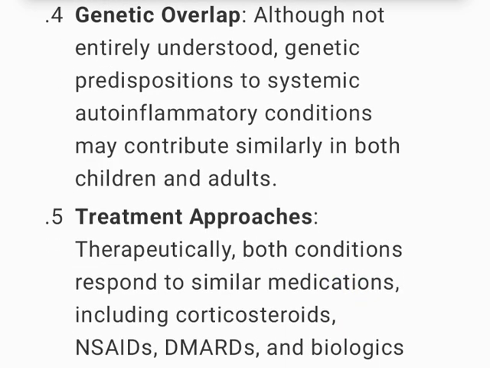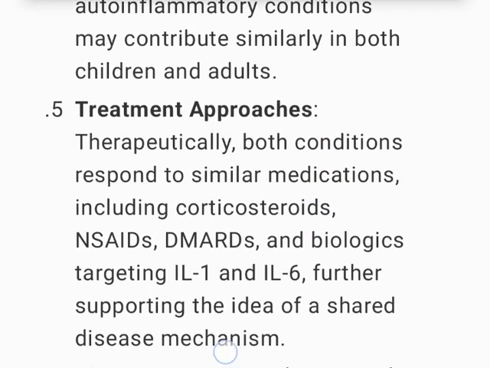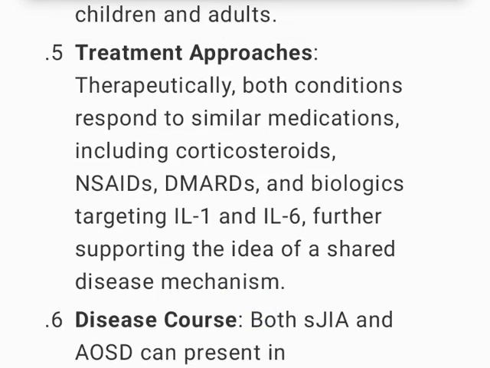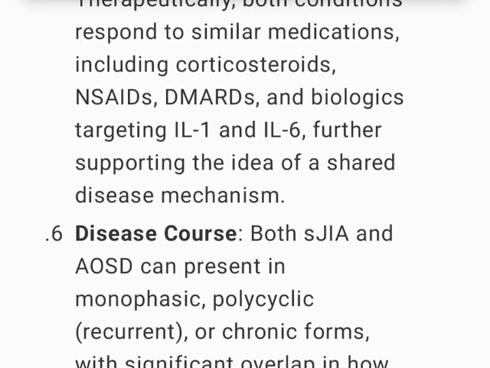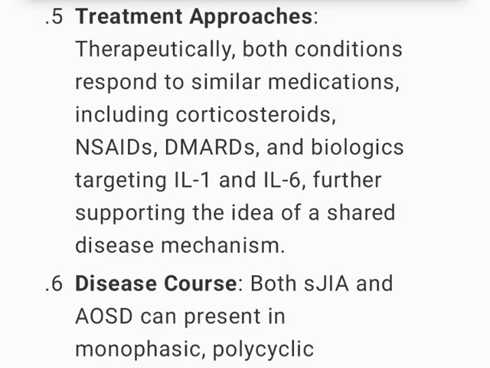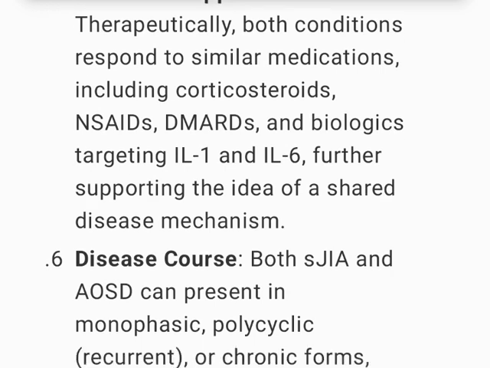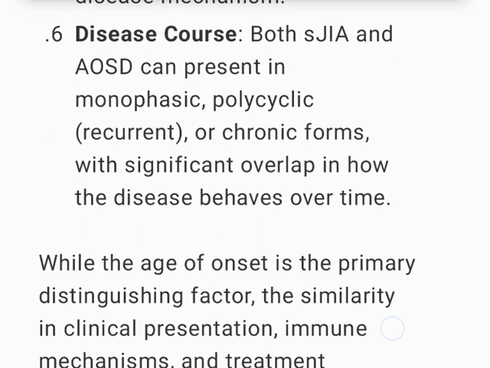4. Genetic overlap. Although not entirely understood, genetic predispositions to systemic autoinflammatory conditions may contribute similarly in both children and adults. 5. Treatment approaches. Therapeutically, both conditions respond to similar medications, including corticosteroids, NSAIDs, DMARDs, and biologics targeting IL-1 and IL-6, further supporting the idea of a shared disease mechanism. 6. Disease course.